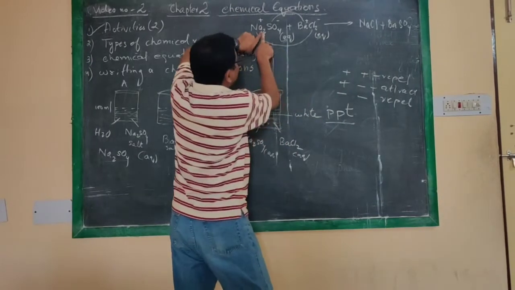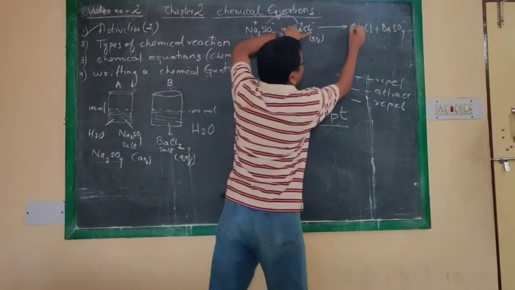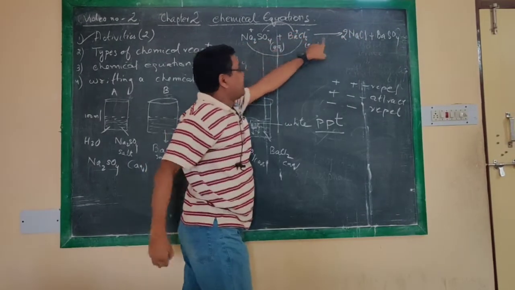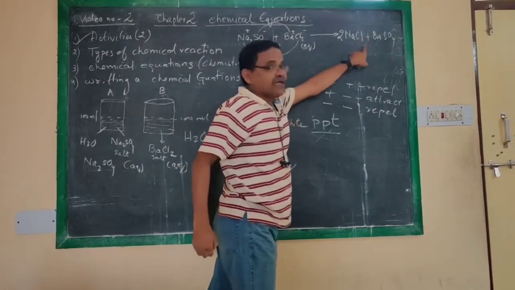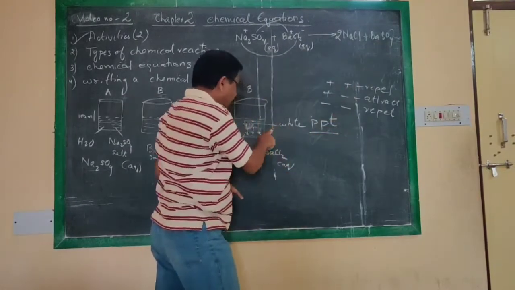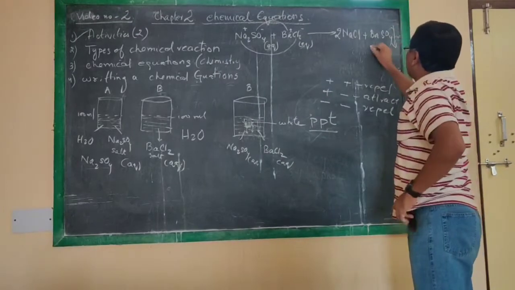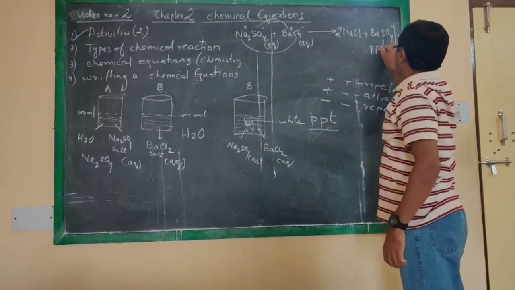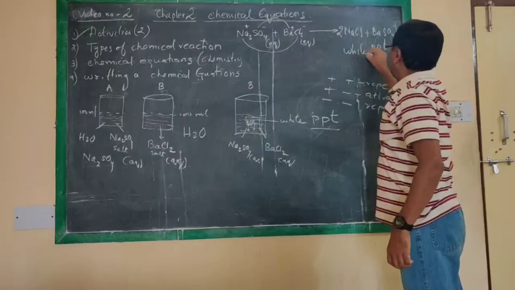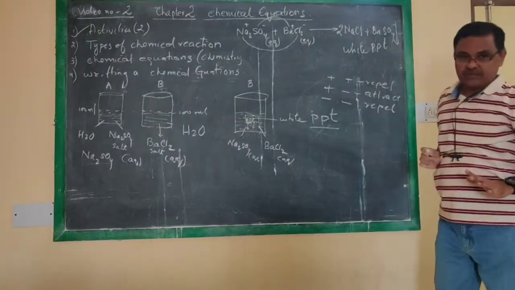Now here we have two atoms of sodium and two atoms of chlorine, so we can put a 2 here, so that this becomes 2NaCl and this becomes barium sulfate. The white precipitate which is formed here is nothing but barium sulfate, that is a white color precipitate, which settles down in the beaker.